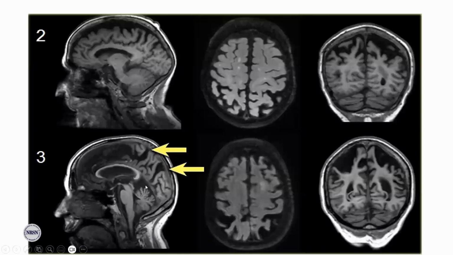Now, a Koedam score of 3 shows widening of the parietal sulcus on sagittal view, as well as this knife blade atrophy, best seen on the coronal T1.